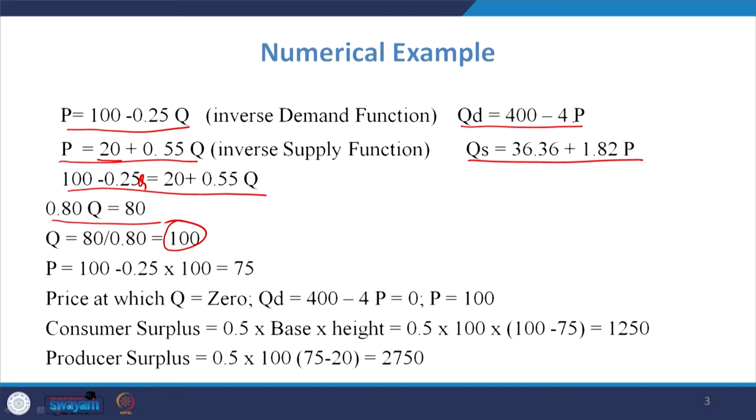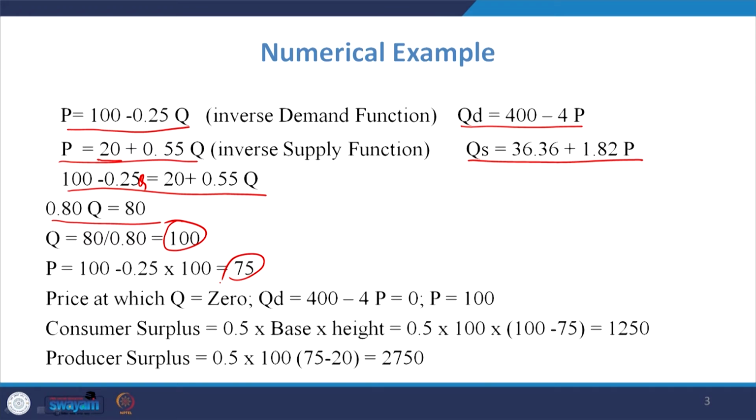You can see from this, P equal to 100 minus 0.25 Q, and since Q is here 100, 0.25 multiplied by 100 is 25, so P is 75.